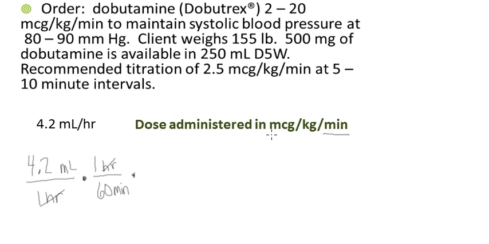Next, I'm going to work to get micrograms. So in the problem I'm given milliliters. If I use the dosage strength, we have 500 milligrams in 250 milliliters. This will allow me to convert. The 250 milliliters goes in the denominator so that it will cancel, and it goes with the 500 milligrams.